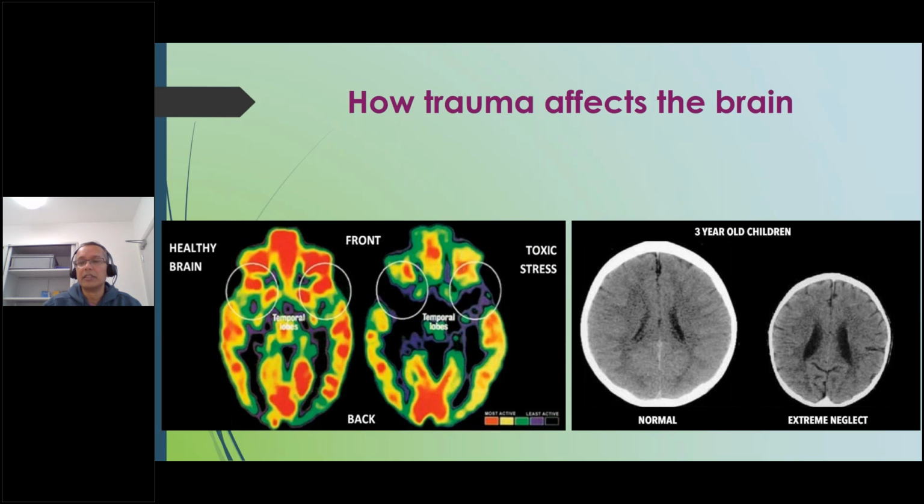You can see immediately from the size of the brain, and these are proportional figures, so they have not been reduced, that the brain of a child that has undergone extreme neglect is actually smaller than that of a child who has had a normal upbringing. Obviously with a smaller brain, every other function is reduced, its capacity to learn especially. So this is how trauma can physically affect the brain in terms of its size and function.